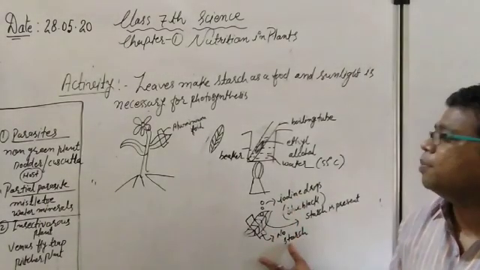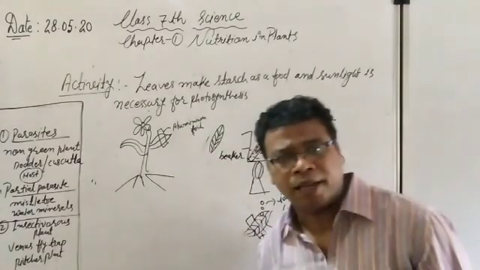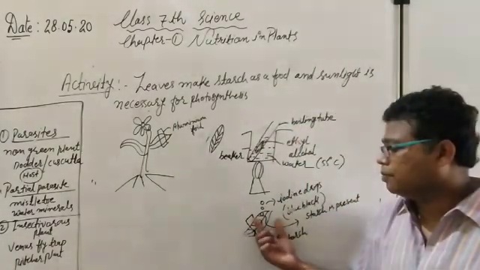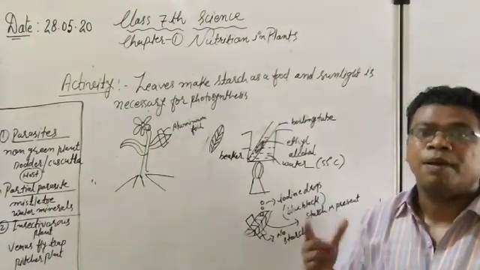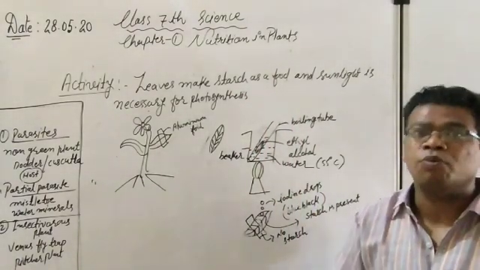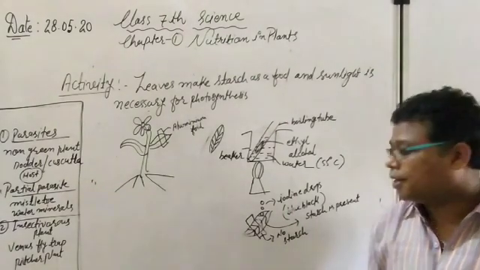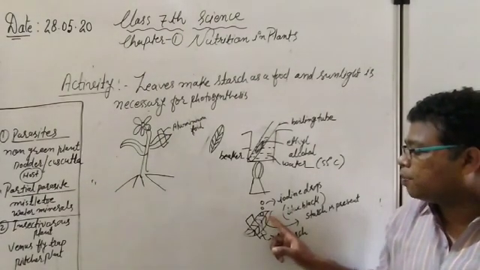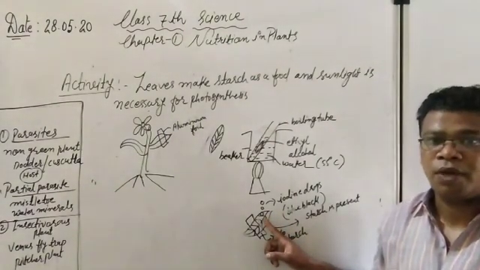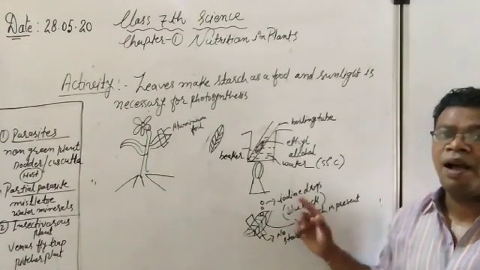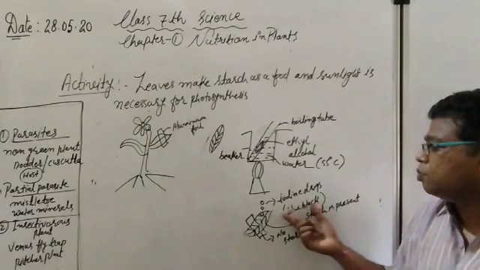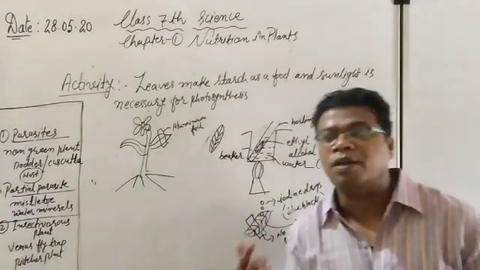So from this experiment, one thing is going to be clear, that the part which was in presence of the sunlight, there is a preparation of the starch. And this blue-black color, after adding the iodine solution, shows the presence of the starch.